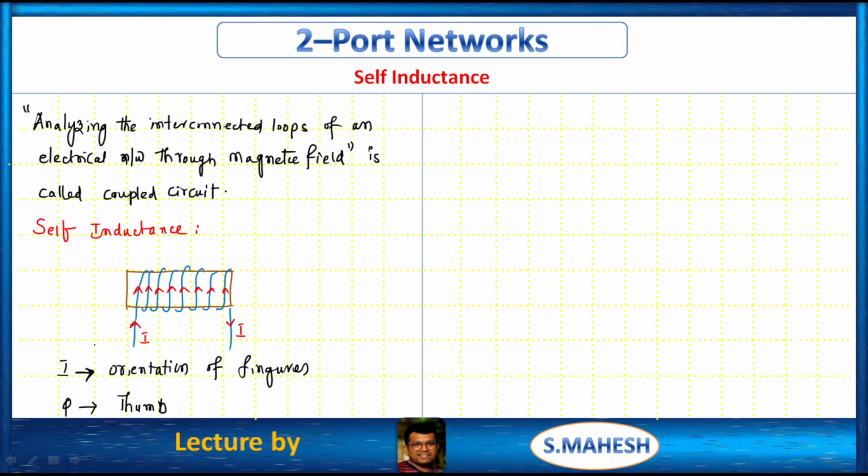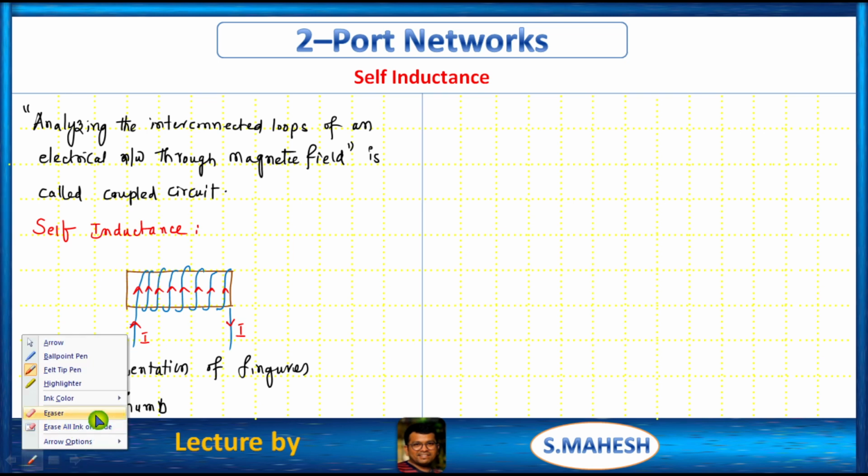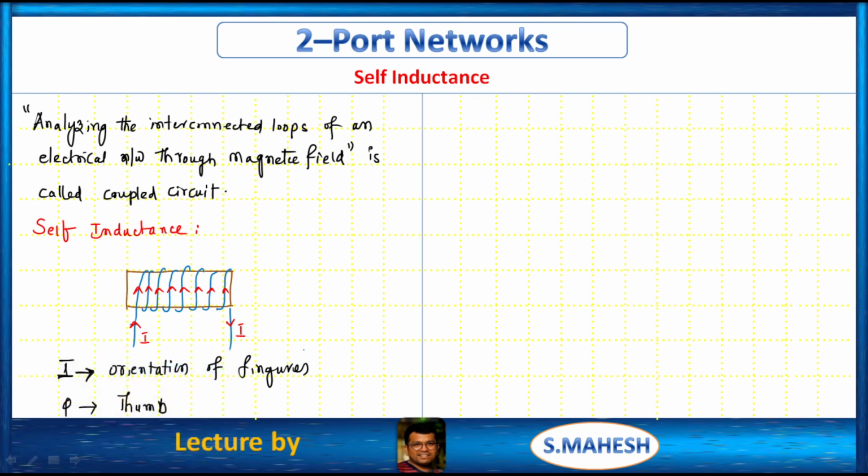If the current represents the orientation of fingers of a hand, obviously the thumb represents the direction of flux. So here the orientation of fingers is upwards, right? Obviously the thumb represents what? Left side. Like this the direction of flux is like this, right?